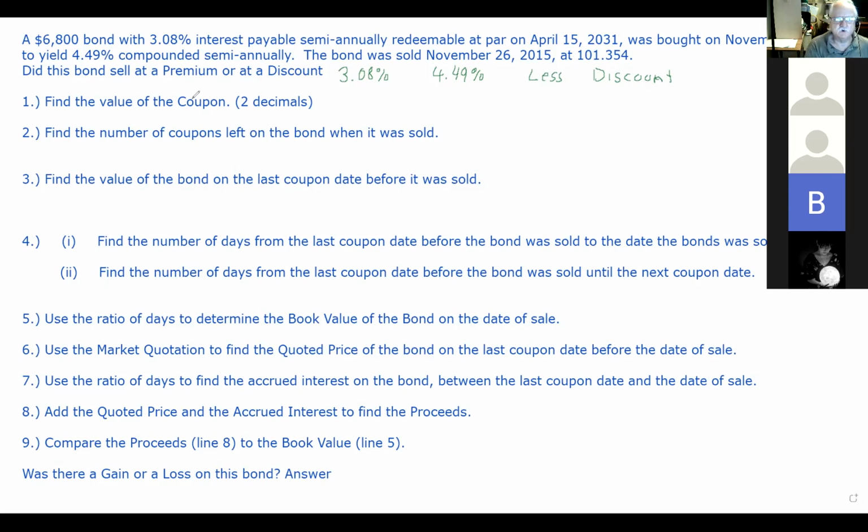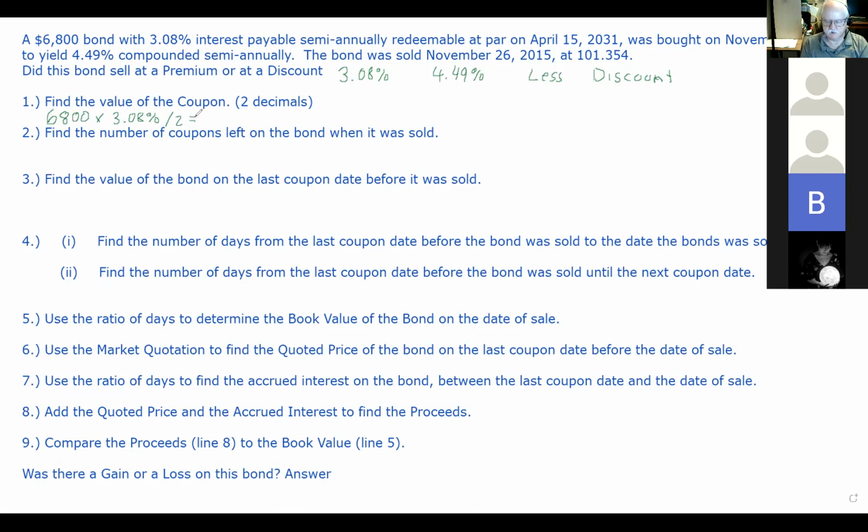Find the value of the coupon. The bond is 6,800 times 3.08%, but it's semi-annual, so divided by 2.